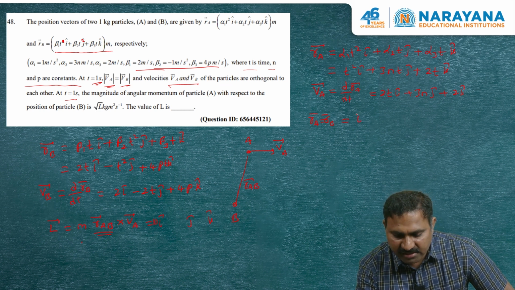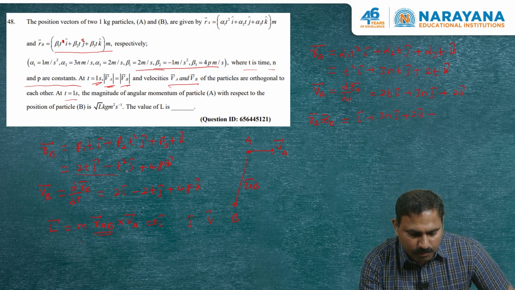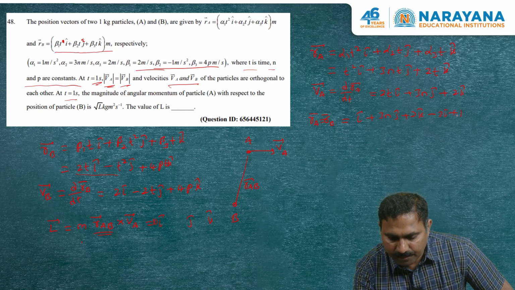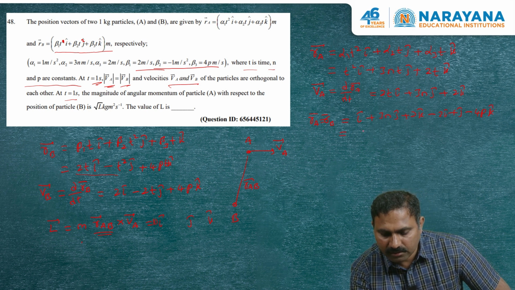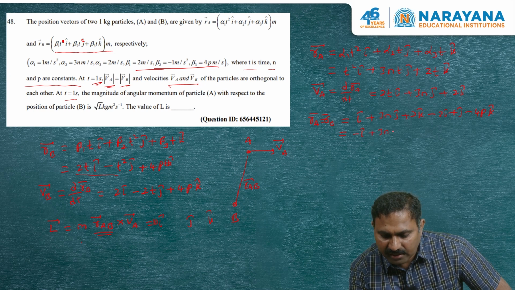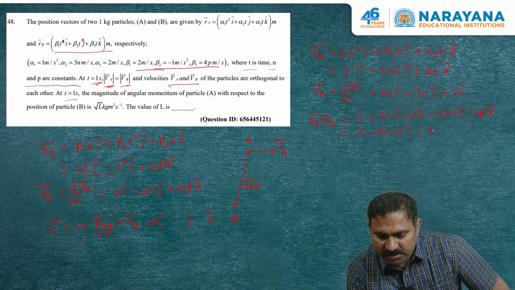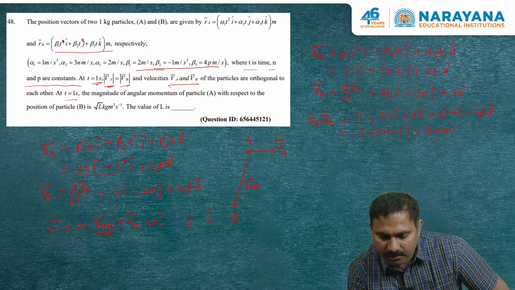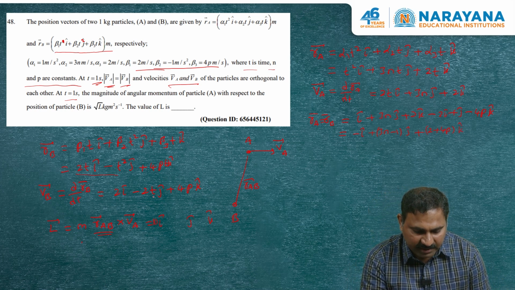RA at 1 second is i cap plus 3n j cap plus 2 k cap minus Rb, 2 minus j minus 2i plus j cap minus 4p k cap. This is coming out to be minus i cap plus 3n minus 1 j cap plus 2 plus 4p k cap. Let us find the values of n and p first.